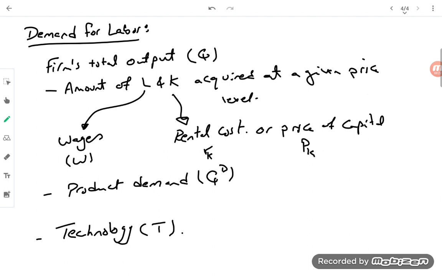As we said, demand for labor is derived from the demand for output. So demand for output is a factor that affects the demand for labor. We can write demand for labor as a function of wages, since demand for products is a function of its price.